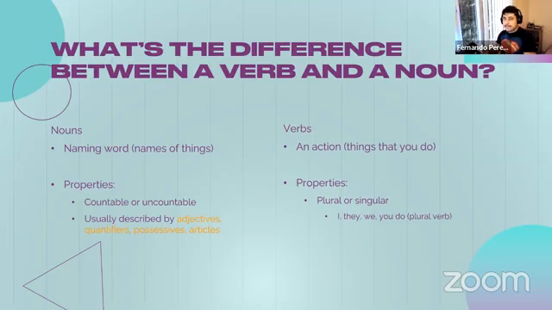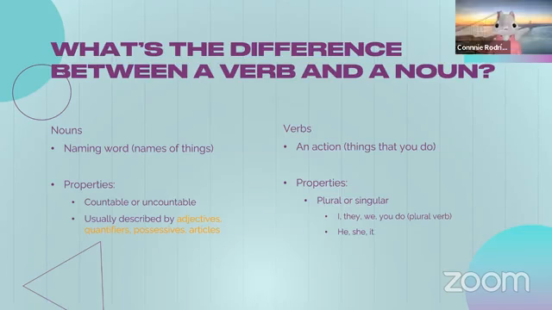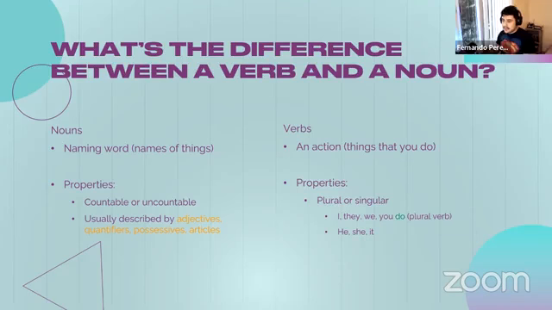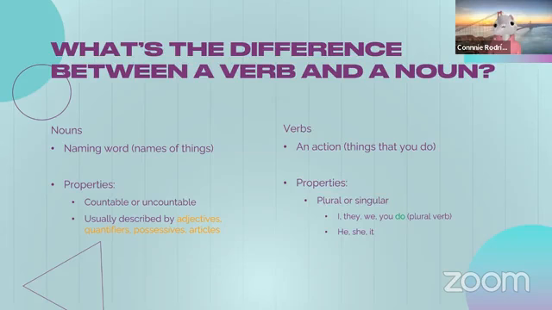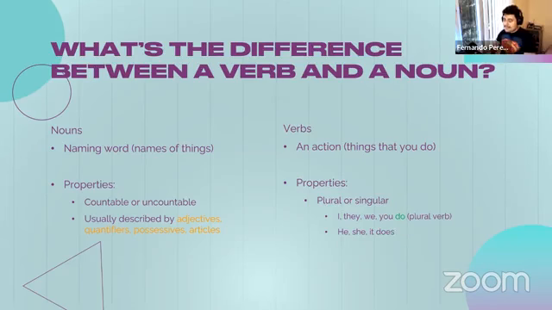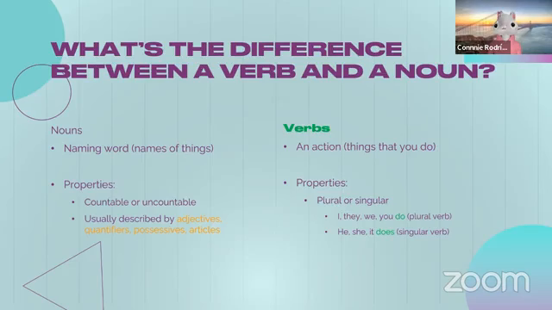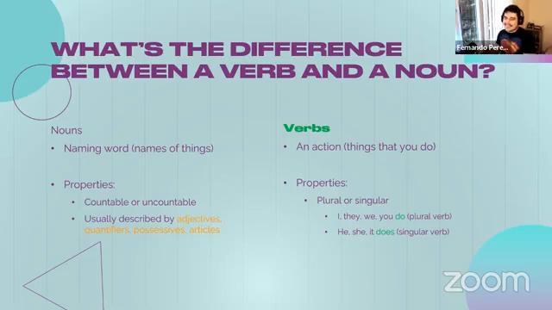And for he, she, it, singular. What is the conjugation for do? He, she, it does. Excellent. This is a singular verb. So what is a characteristic of the singular verb? It's with the S at the end. Exactly. A singular verb ends in S.